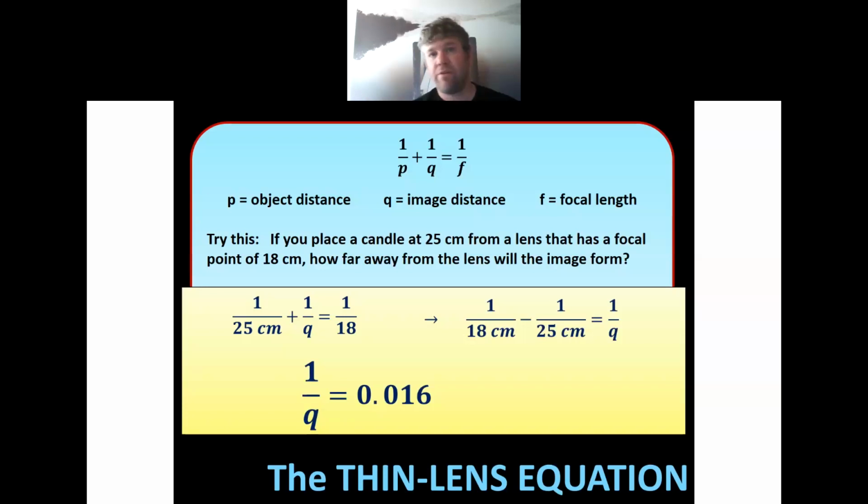The other option, obviously, is to just take 1 divided by 0.016. So what you should see is that this sits at about 64.29 centimeters away. That's where our image will form for a lens with a focal length of 18 centimeters.